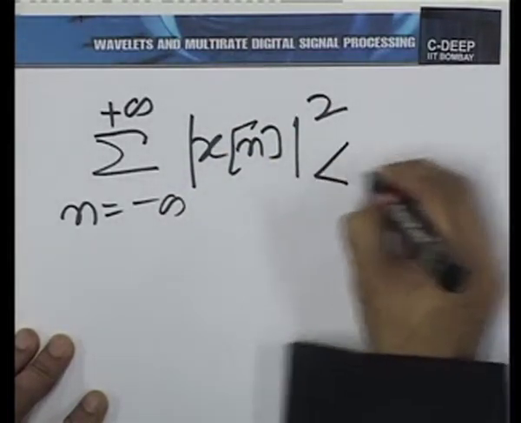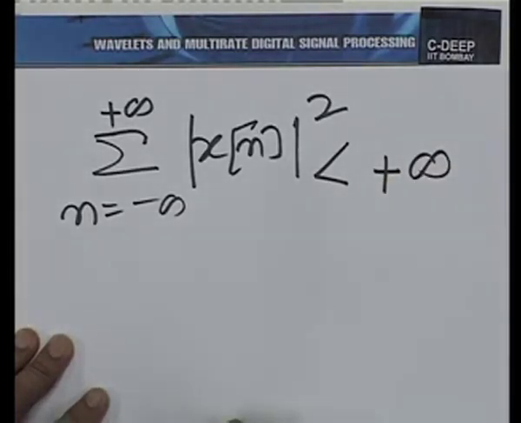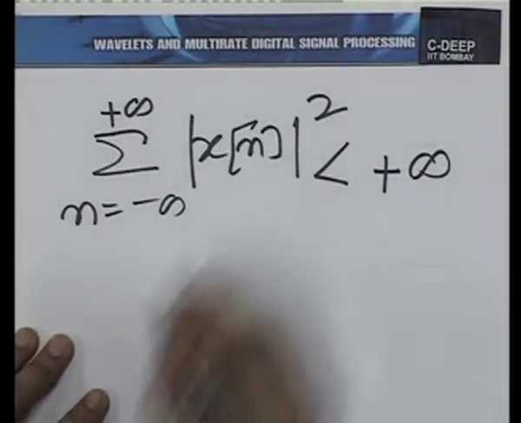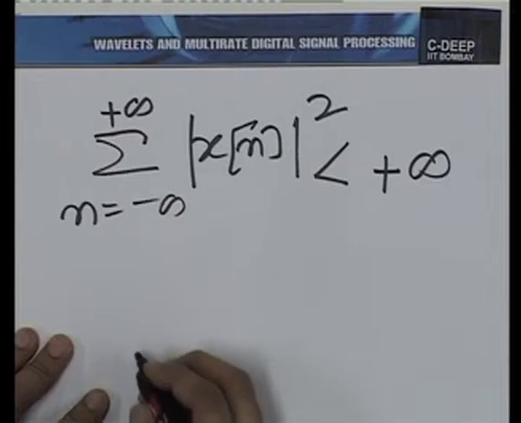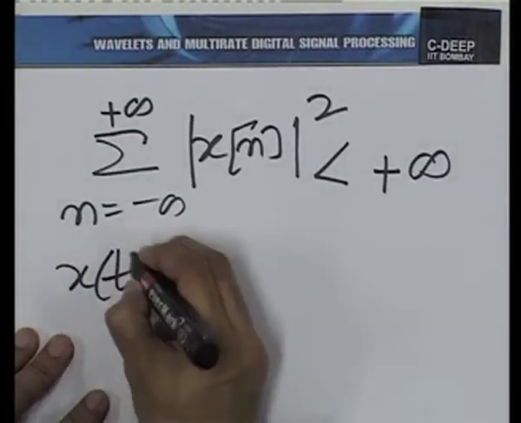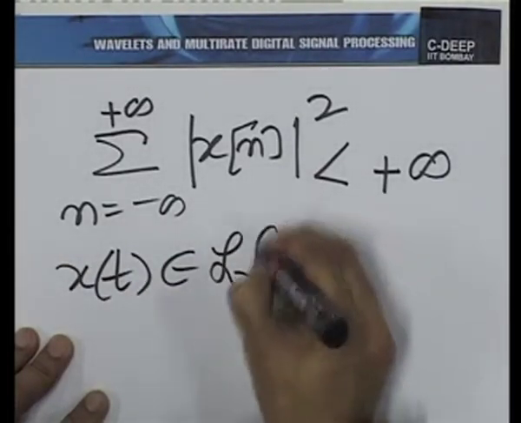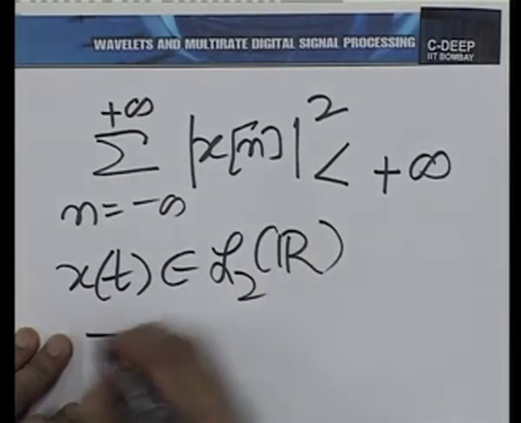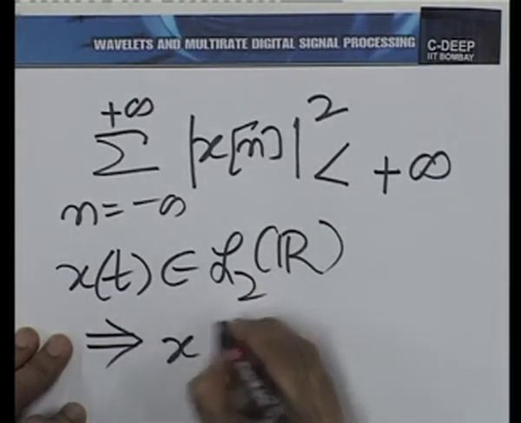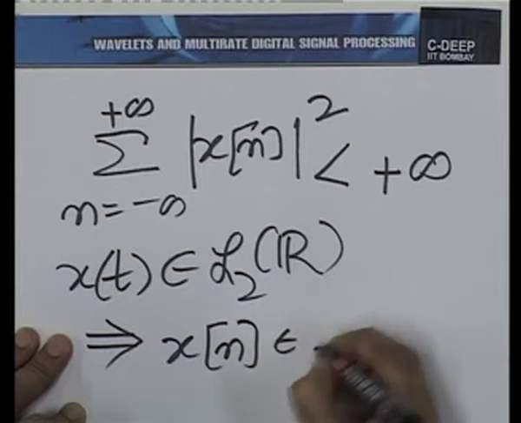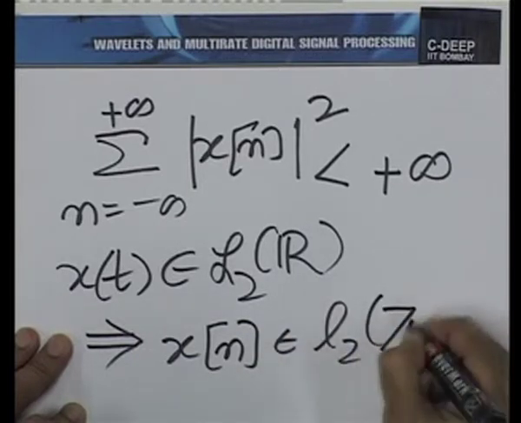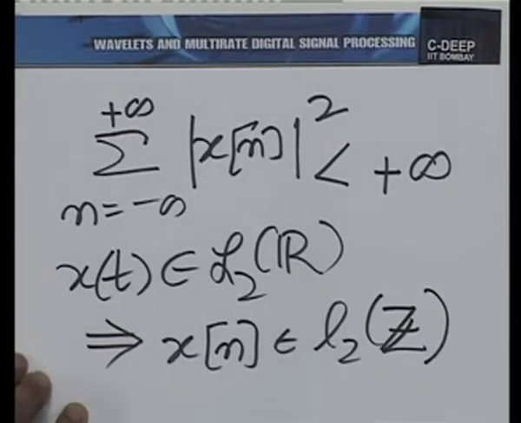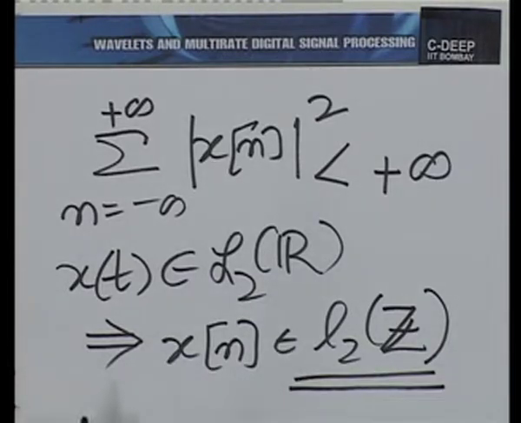This is also finite, and therefore, we use a term for this. We say x t belongs to L2R implies x of n belongs to small L2z. So, we introduce this notation. This is a new term we have introduced, small L2z.